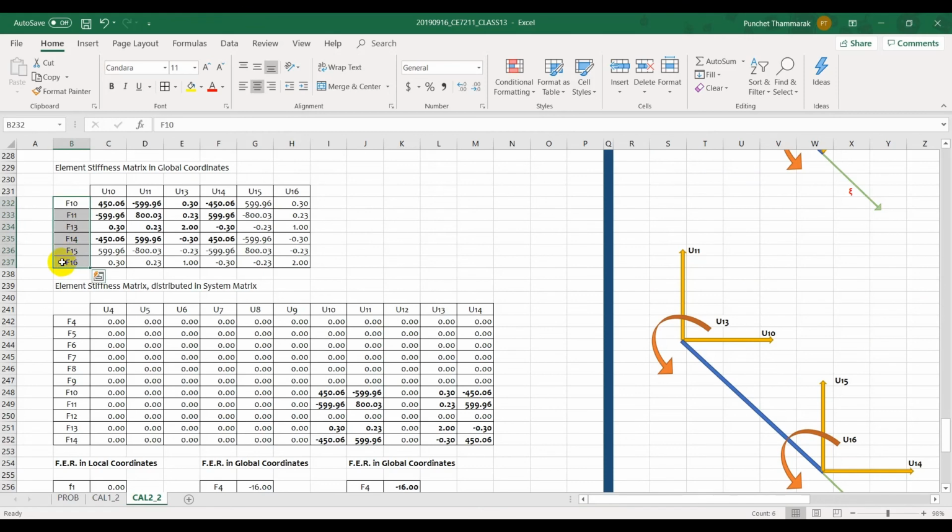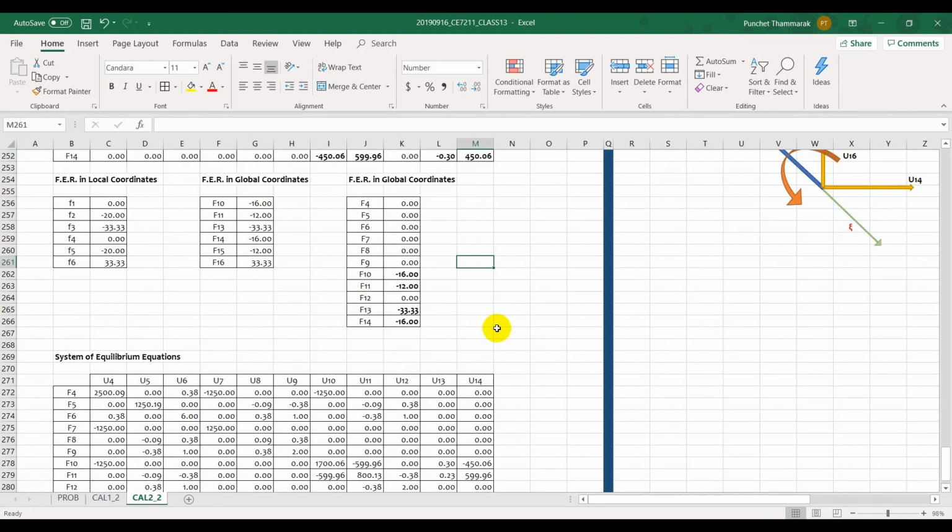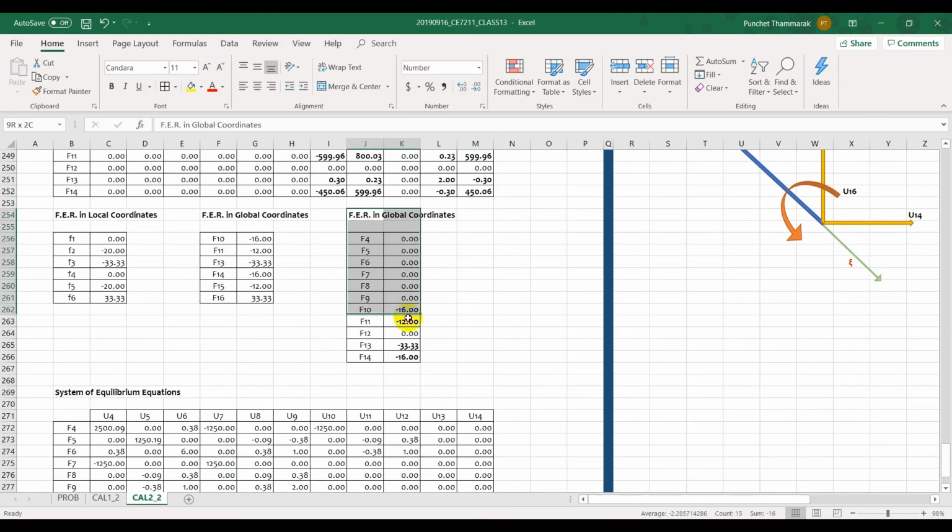The corresponding equations are 10, 11, 13. I clear this off first. 10, 11, and then 13, 14. Okay, so I think we get all of them.